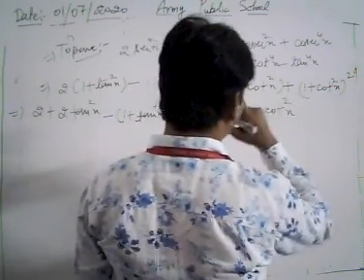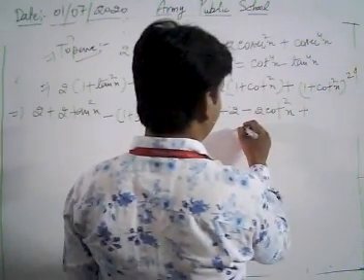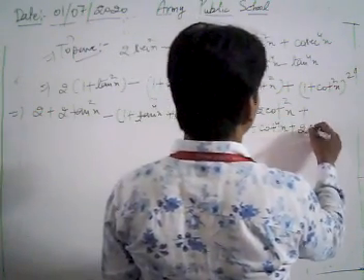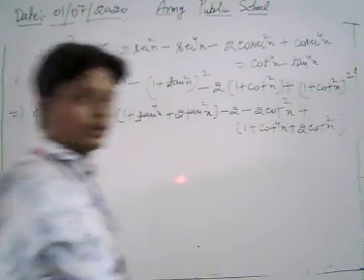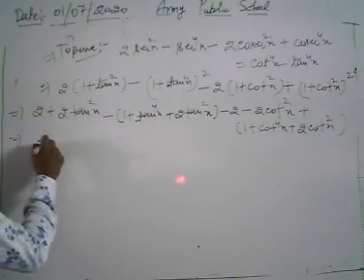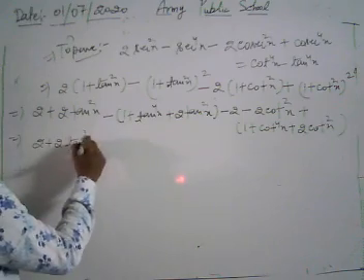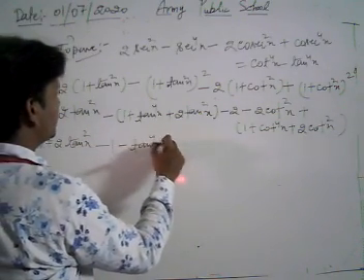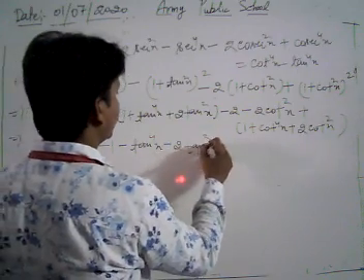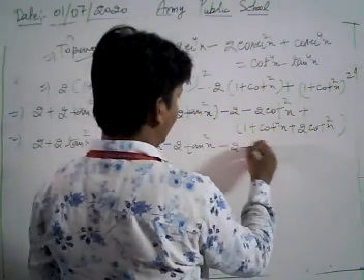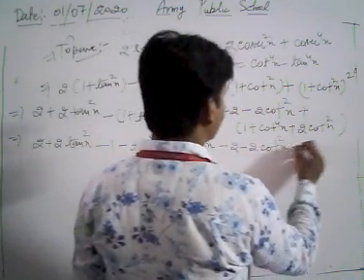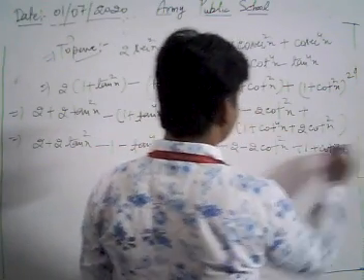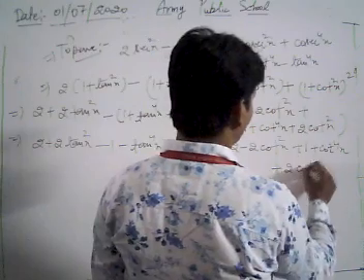Now here, plus, expand that a square plus b square plus 2ab. Now we split the brackets: 2 plus 2 tan square x minus 1 minus tan to the power 4x minus 2 tan square x, minus 2 cot square x plus 1 plus cot to the power 4x plus 2 cot square x.